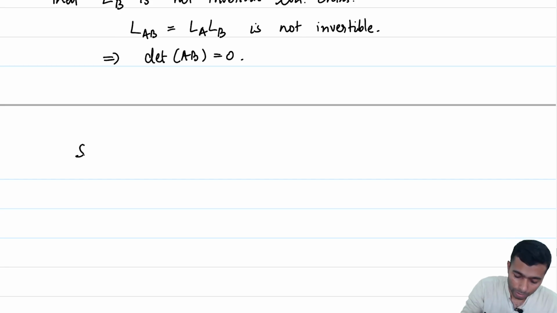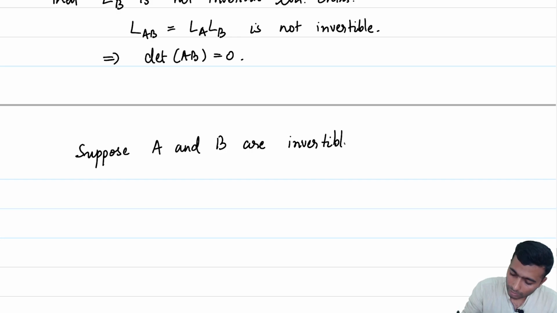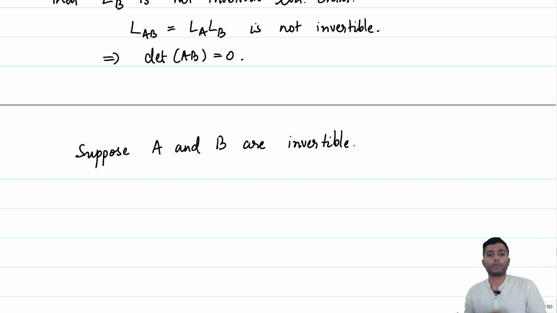Suppose A and B are both invertible, that is the only case left. We have already proved that if a matrix is invertible, then it can be written as a product of elementary matrices.